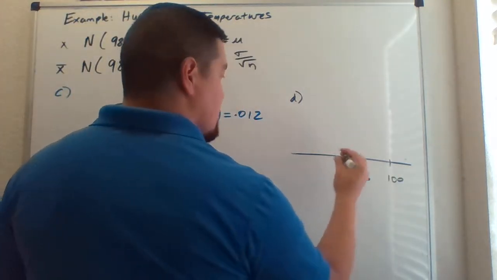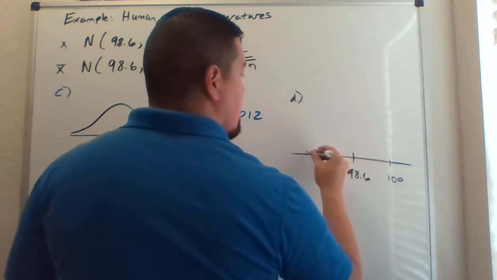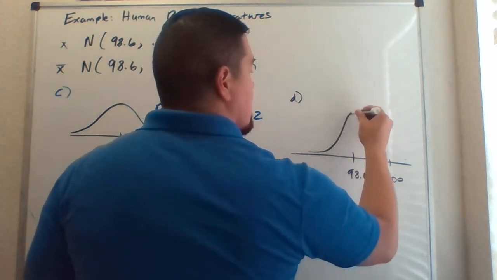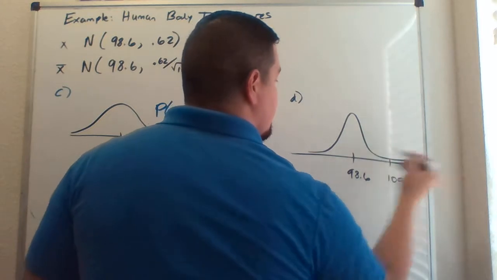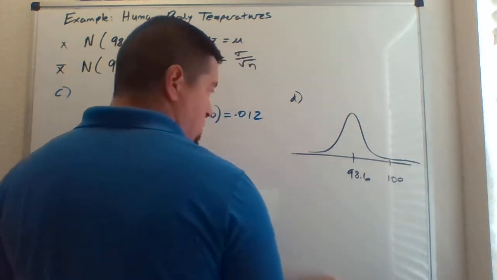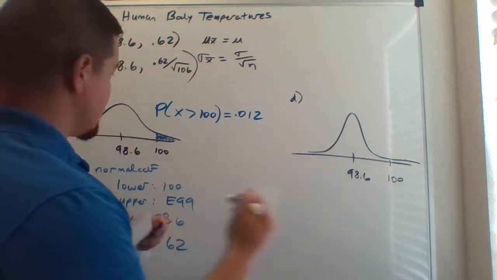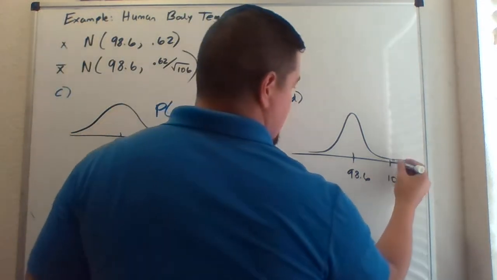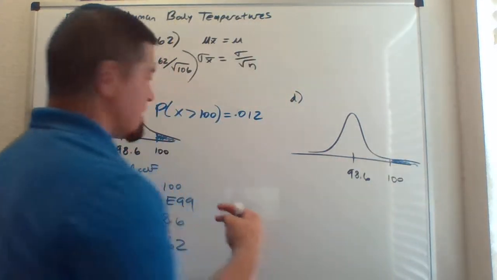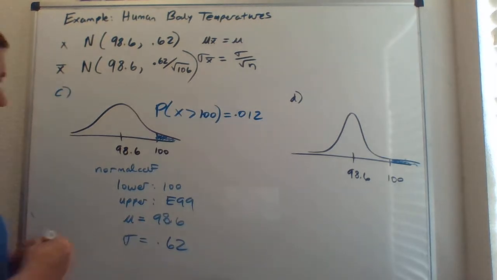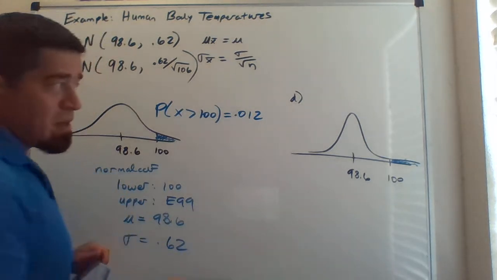But what I would actually do would be narrow down this normal curve because the standard deviation decreases, and we're actually interested in this. And you could visually see that the probability appears to be slightly smaller.